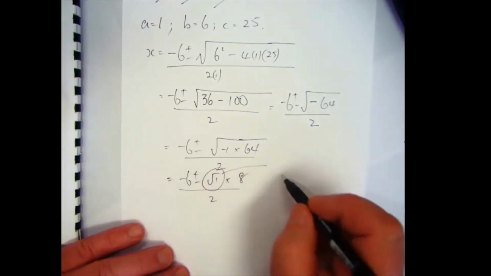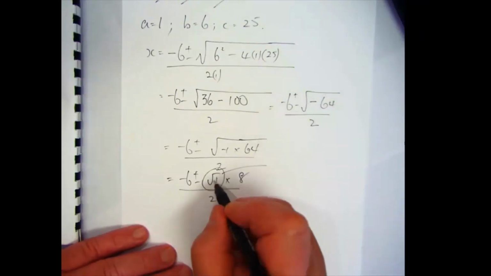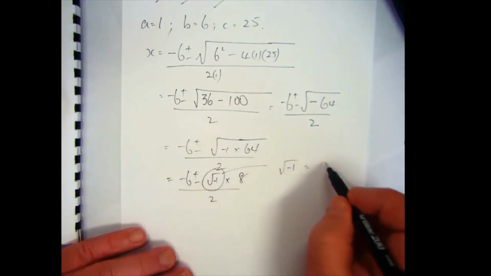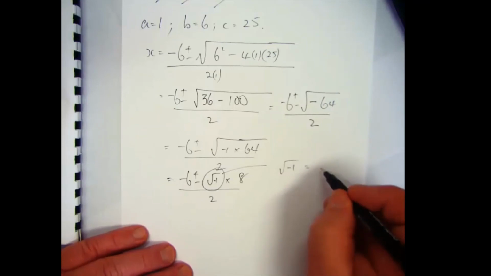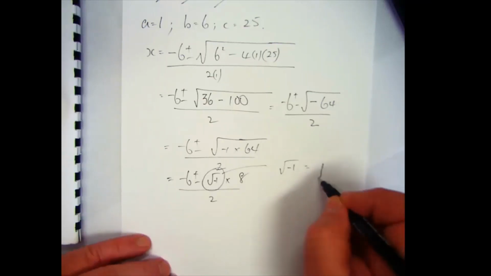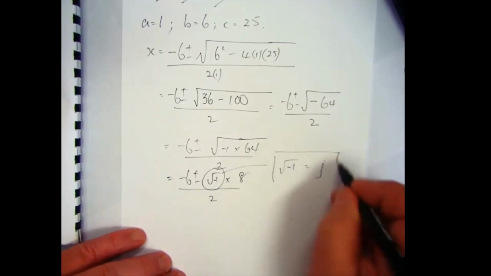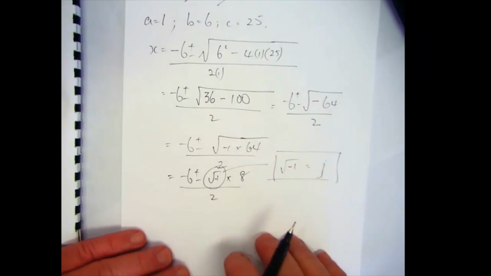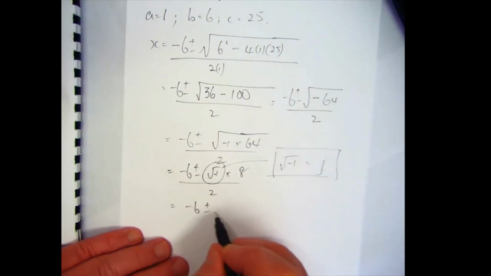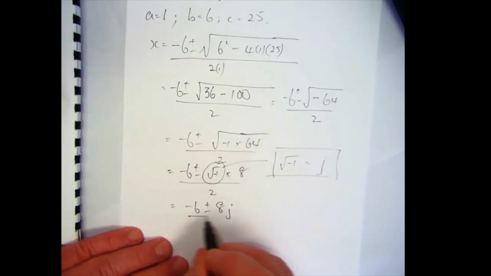Well, the square root of minus 1 is typically, in some books, given as the letter I, but if you're using electricity or electronics, that's often confused with current. So books have changed to show I being replaced by J. So what we have now is minus 6 plus or minus 8J over 2.